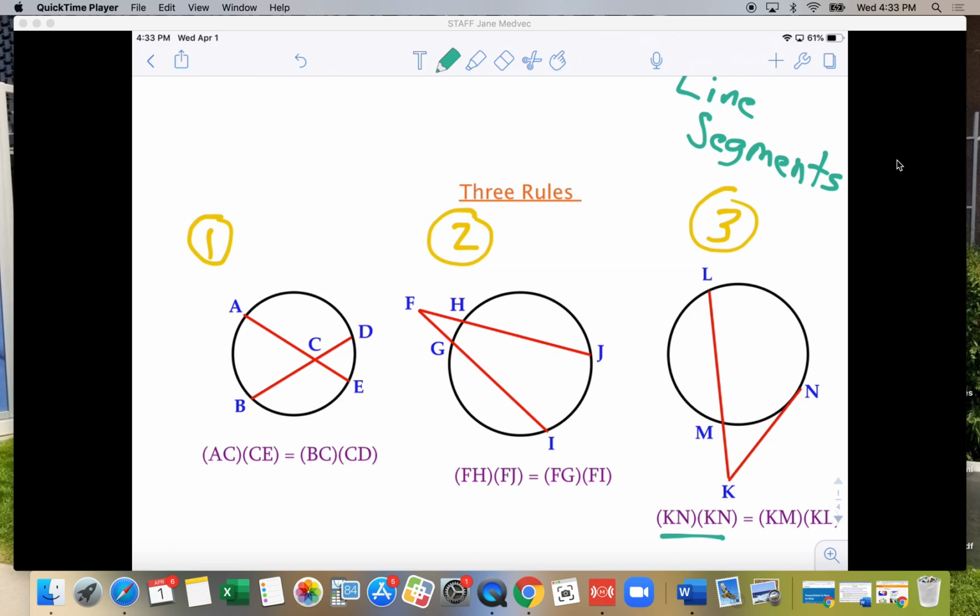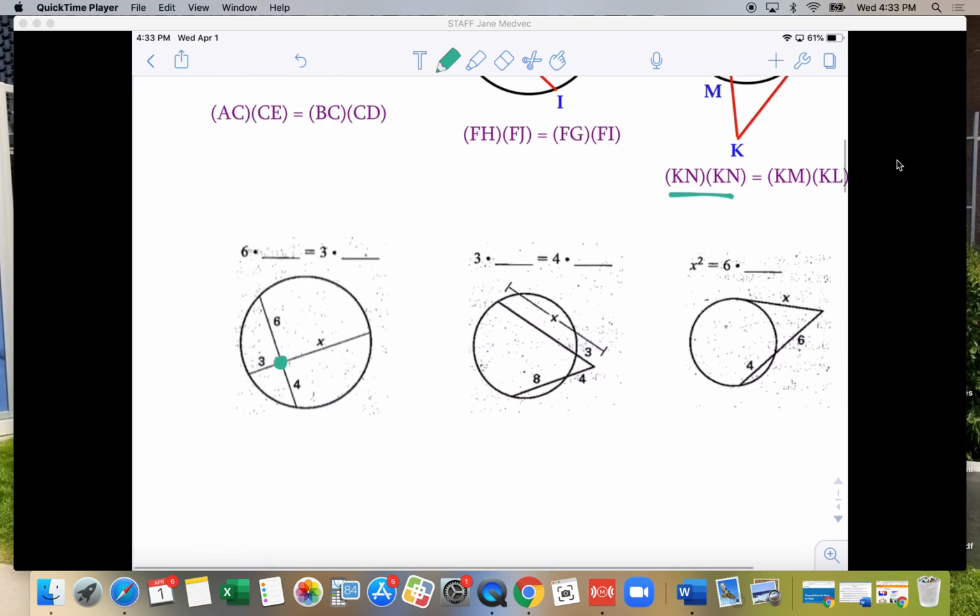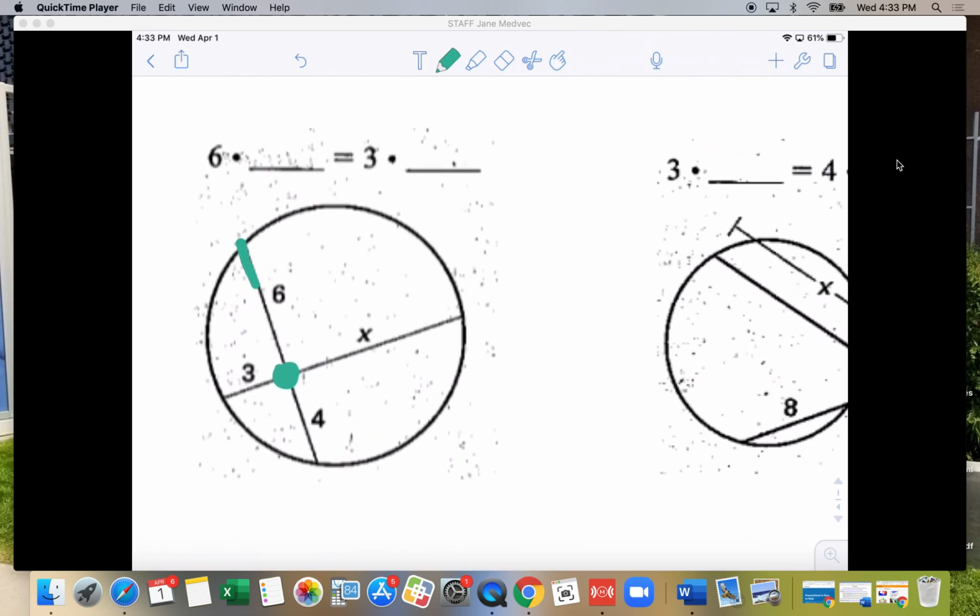I'm going to use number 1 because the intersection's in the middle. So I'm going to take 6, which is what I have right there, and multiply it by 4. Then I'm going to take 3, and multiply it by x. So on these, we're just going to set them up.